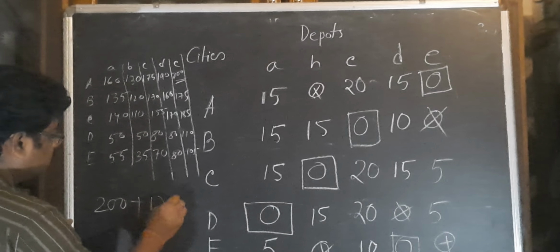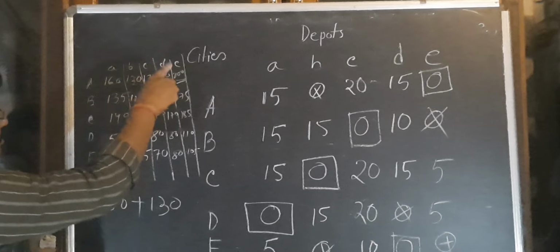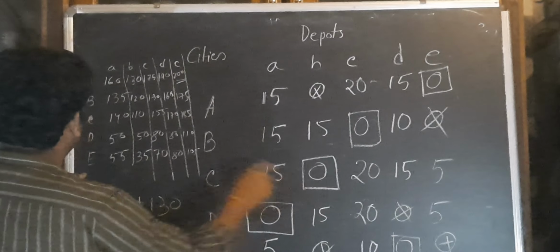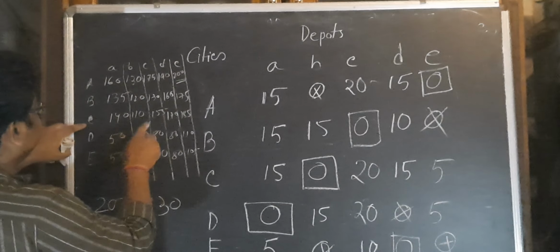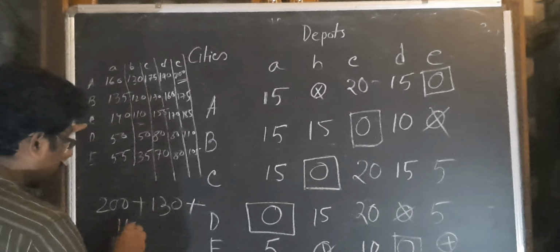Now we consider C and B, this 110, plus 110.